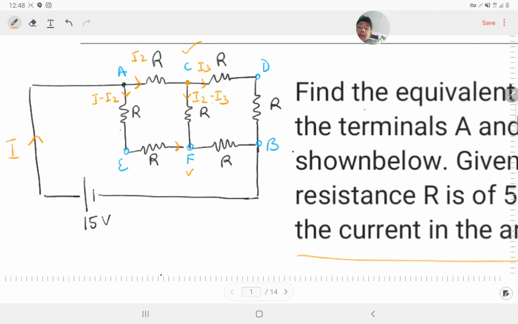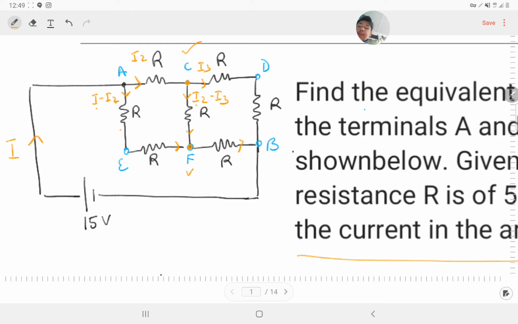Now I2 minus I3 that is traveling in this direction is going to meet I minus I2 at this point, junction F. So the resultant is going to be I2 minus I3 plus I minus I2.